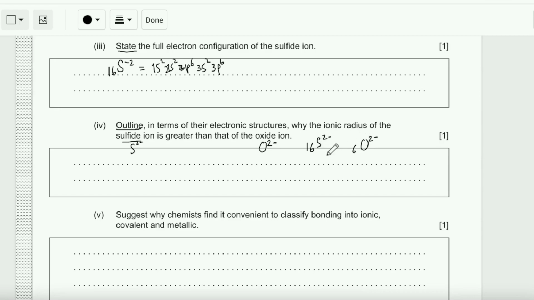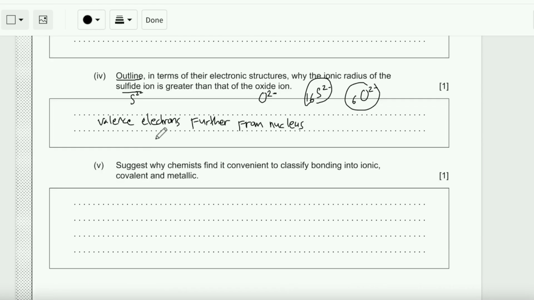So 18 and 8 electrons. Of course, the atomic radius is bigger for sulfur compared to oxygen. Therefore, why is the ionic radius of the sulfide ion greater? It's because the valence electrons are further from the nucleus, or it has an extra shell of electrons. You can choose this or this.